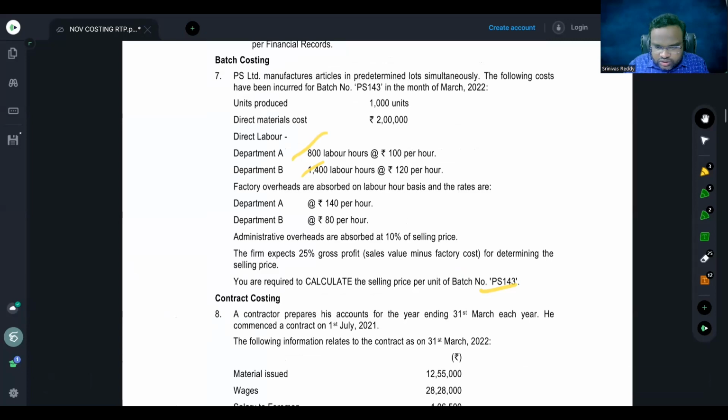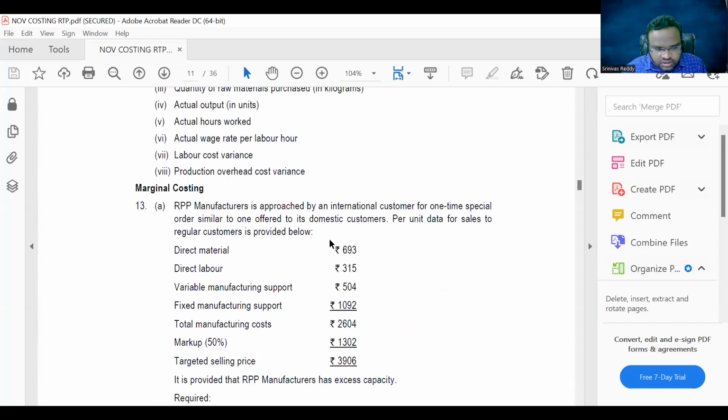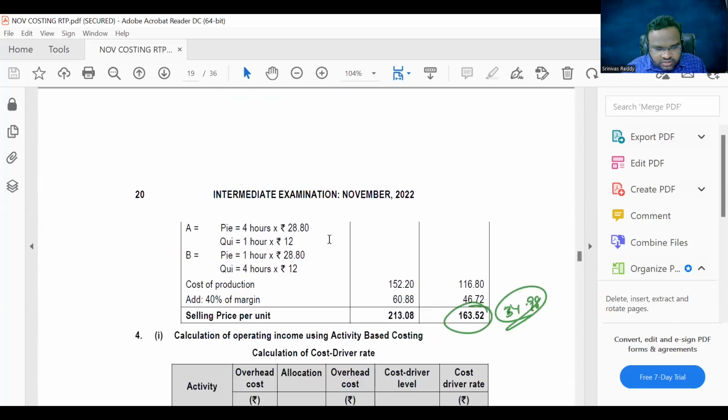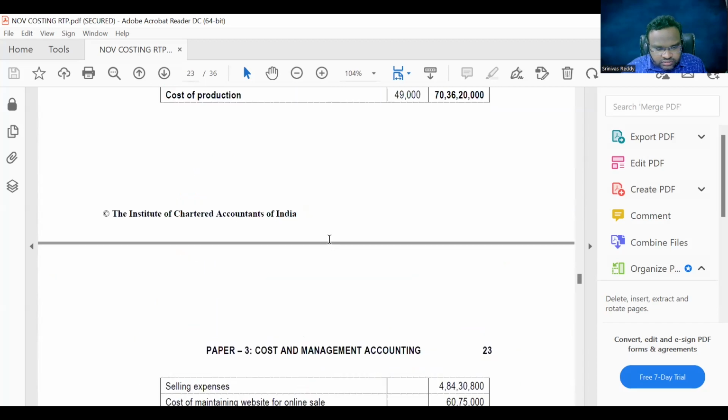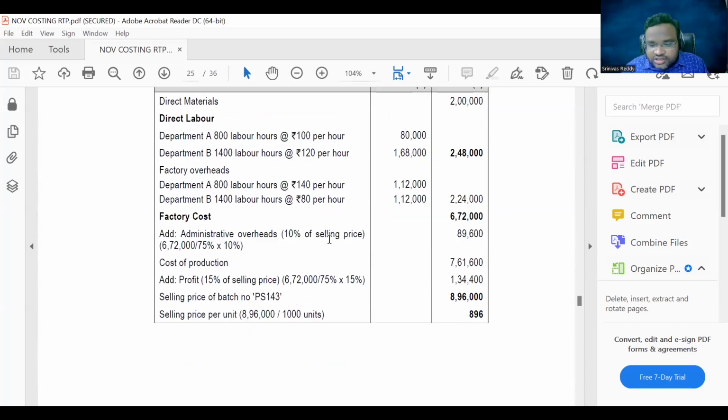Now let us go to the solution part, which is of question number 7. So we got these amounts. So 896.